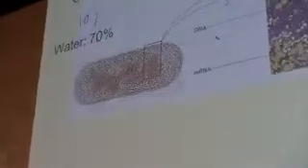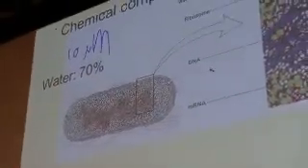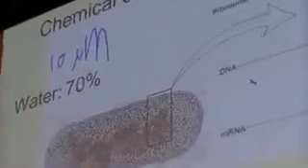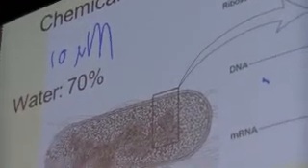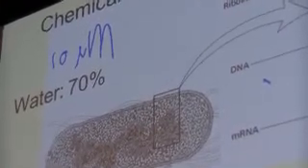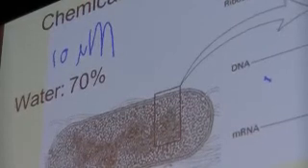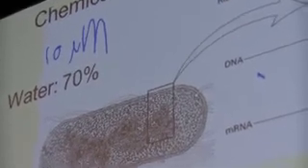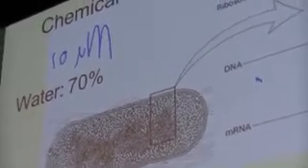The average size of a cell is something like 10 micrometers. A micrometer is 100,000 times less than a meter. That's roughly the average size of a eukaryotic cell.